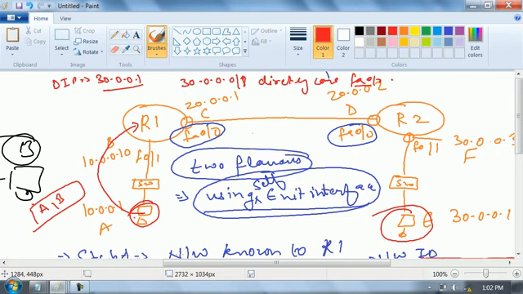Tomorrow you will come and say, you know, Piyush, you are a fool, we did the same thing and they were communicating. But what I am telling you is that this time, they will never communicate. It means there is something extra which is enabled by default on the router, which is making them communicate. What is that thing?